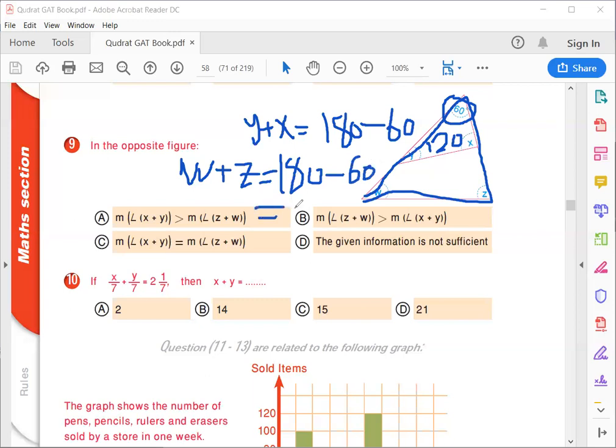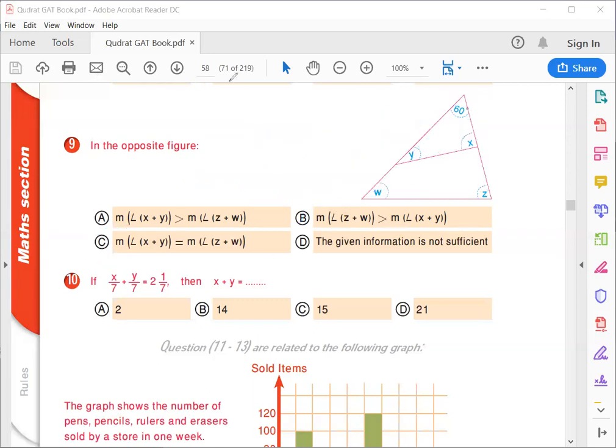So 180 minus 60, it is what? 120. So x plus y equals the value plus z. So what is the answer here? It is C, right? Good.